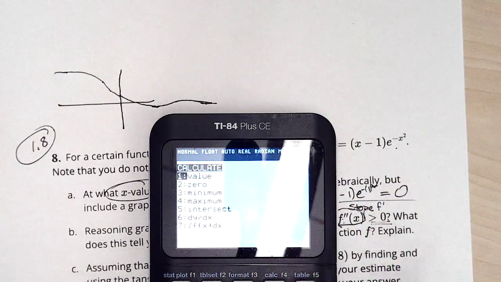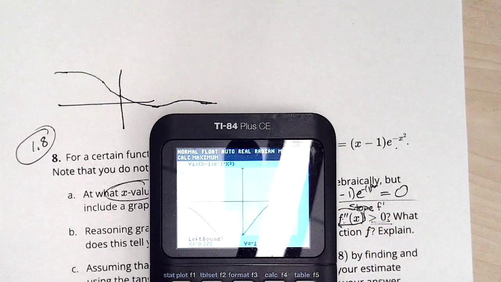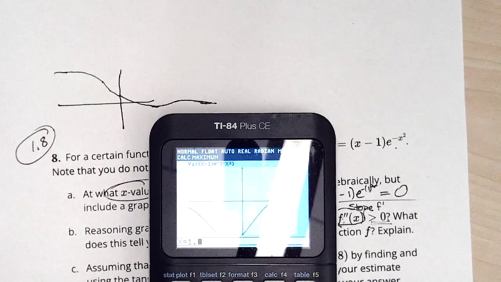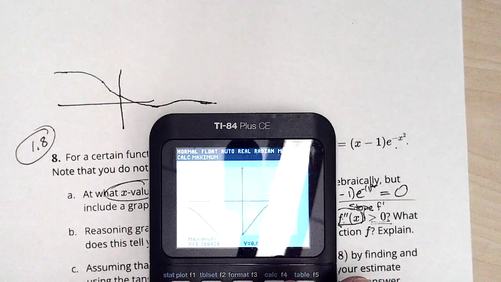So I'm going to go second calculate the max between 1 and 1.4. 1, enter, 1.4, enter, and my guess is 1.3, and it says 1.36, so I was right.